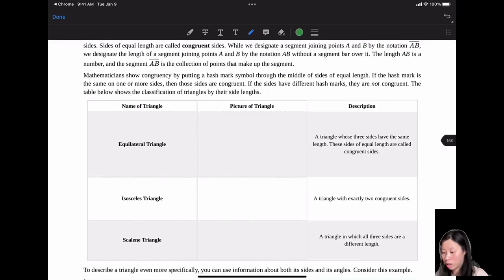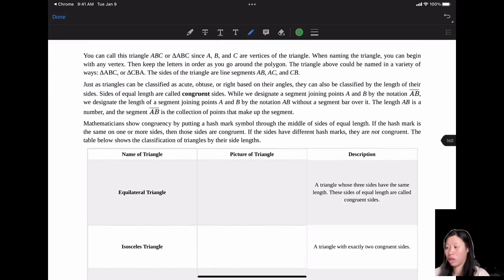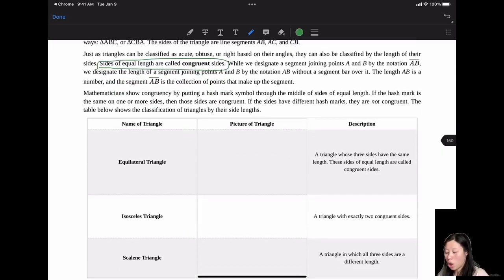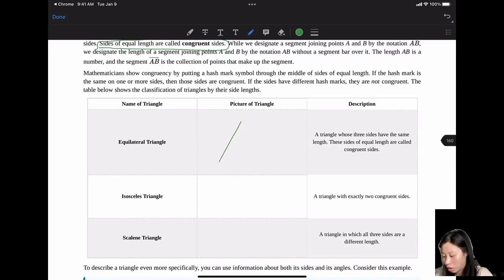So now these are some special triangles. First of all, we need to know what congruent means. Congruent means sides of equal length. We call it a congruent side. So an equilateral triangle means a triangle whose three sides have the same lengths.